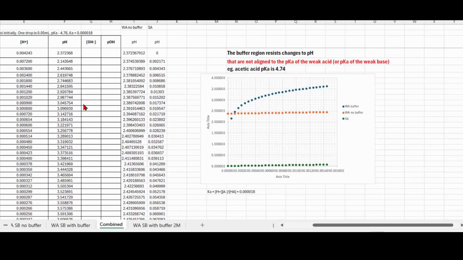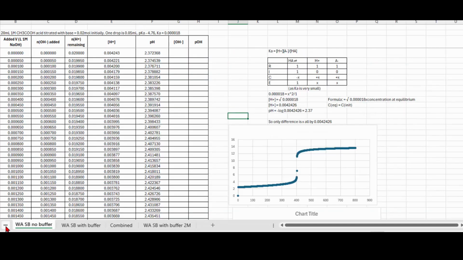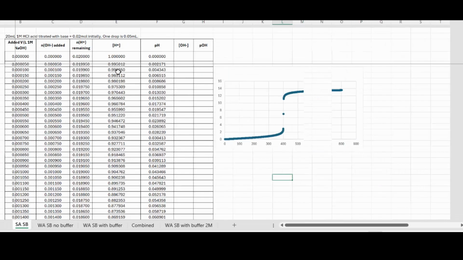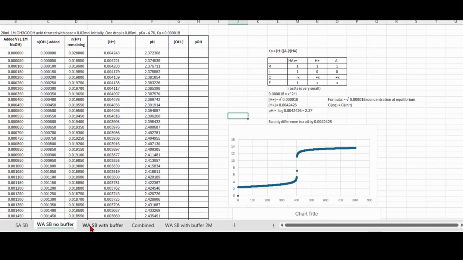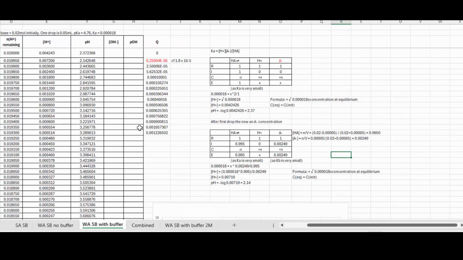So mathematically, doing the calculations, all 1 molar acids, strong acid over here. Doing the 50 microliter drops, and then without the buffer effect, and then with the buffer effect, we'll talk about this later.